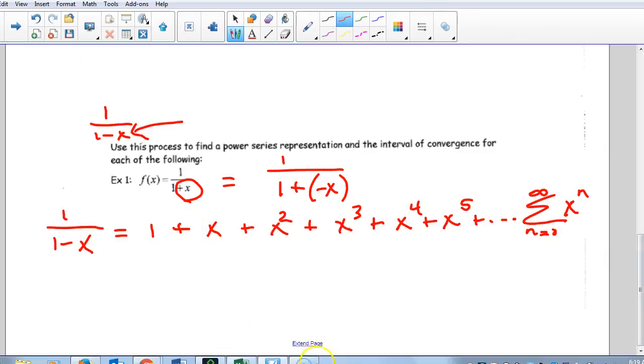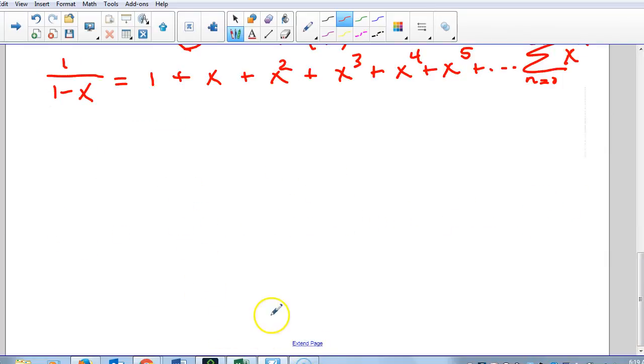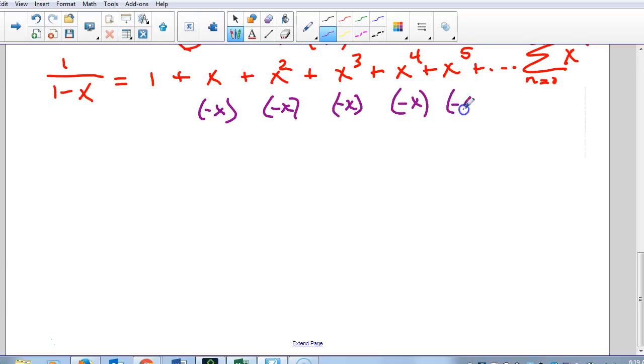So I'm going to extend this page so you can see what I'm doing. Okay, so we said substitute in negative x everywhere I see x. So I got negative x, negative x, negative x, and I'm cubing them and raising them to the 4th power and raising them to the 5th power. And then keep on going, and I'm going to put a negative x in here also.